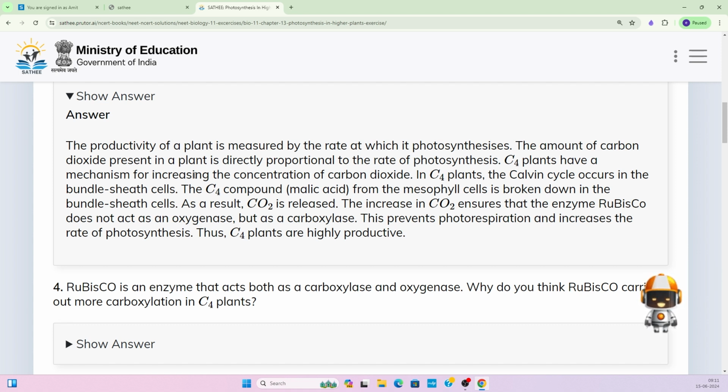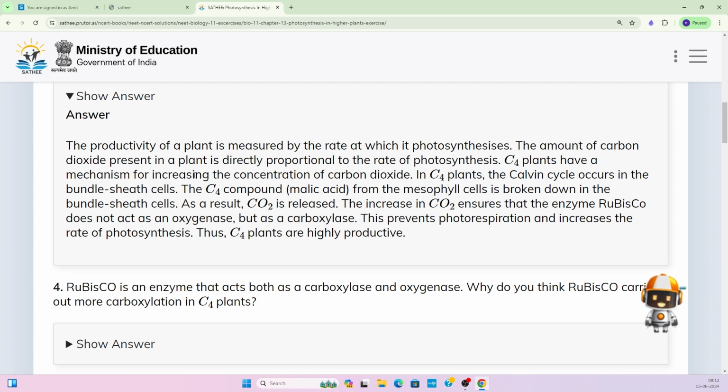When the malic acid is broken down in the bundle sheath cell, CO2 is released. This increase in CO2 ensures that the enzyme Rubisco does not act as an oxygenase, because there is no oxygen here. There is only one gas, carbon dioxide, produced by the breakdown of malic acid.